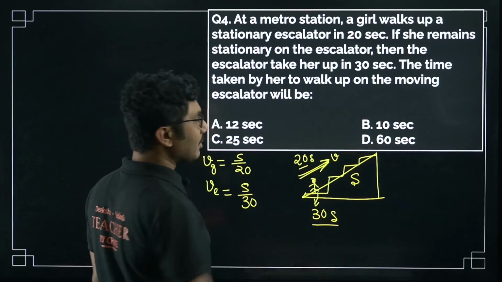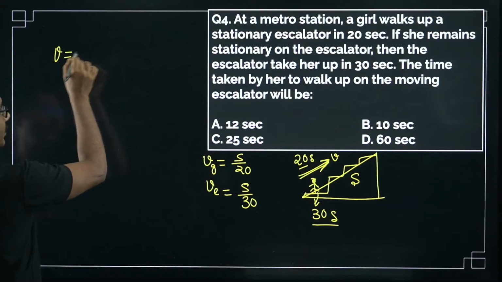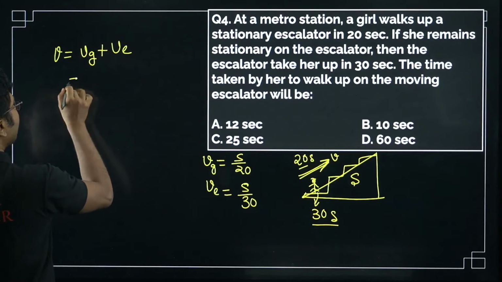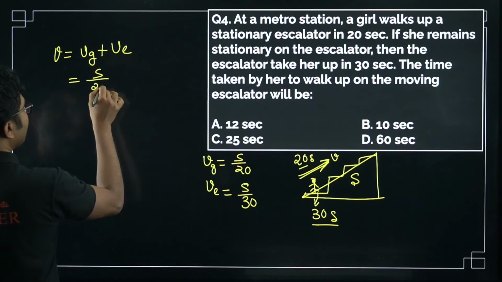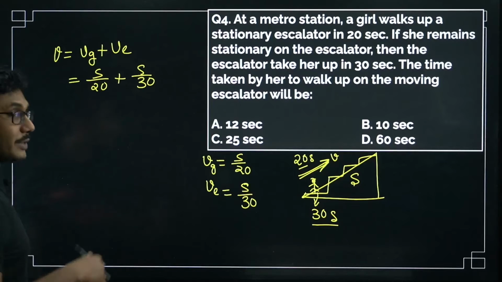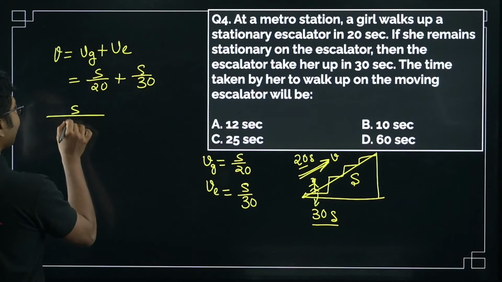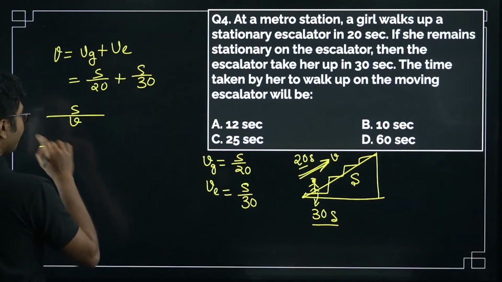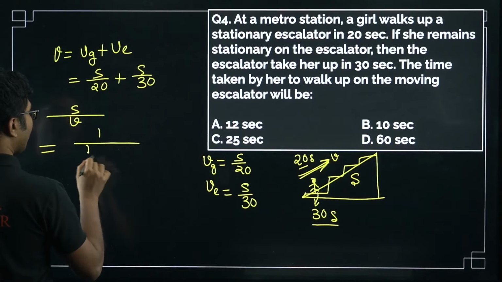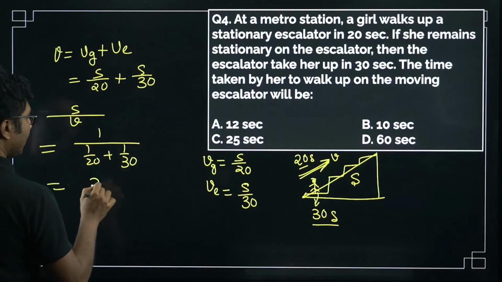Now when both of them are moving, the velocity will be the addition of the girl's velocity and the escalator velocity, that is S by 20 plus S by 30. So what will be the time taken? The time taken will be S by V, which gives 1 upon (1/20 plus 1/30).